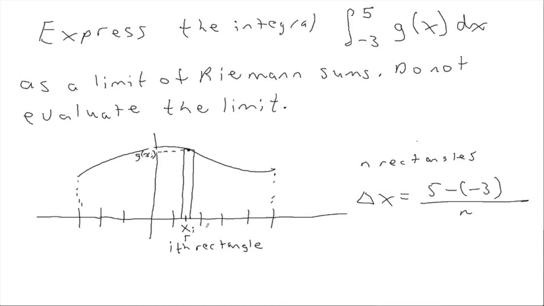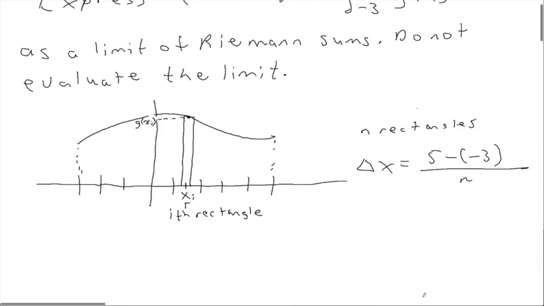So how would we calculate the area of the ith rectangle? What's the expression for the area of the ith rectangle? Delta x times g of xi. Okay, that's good.